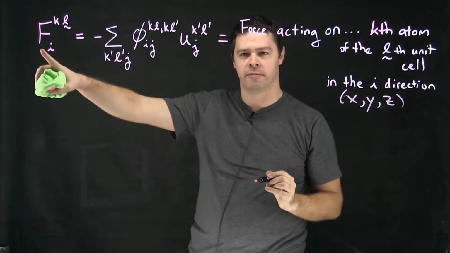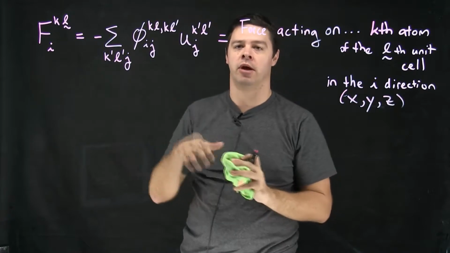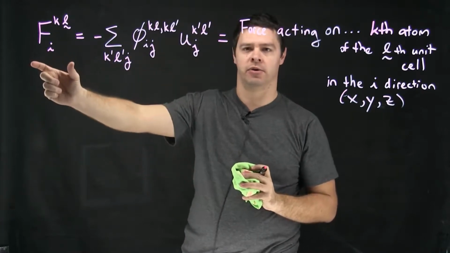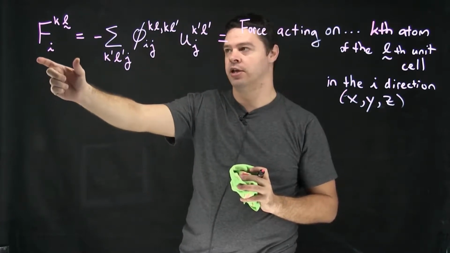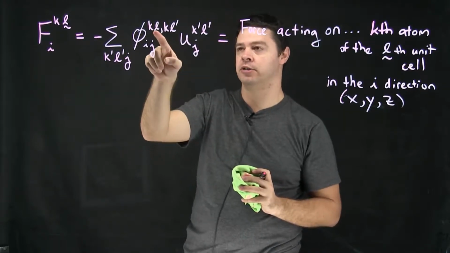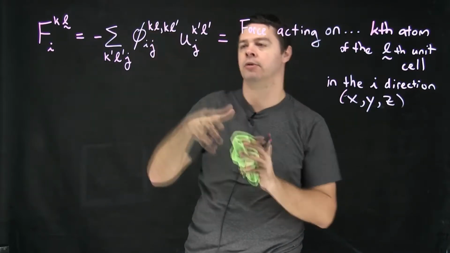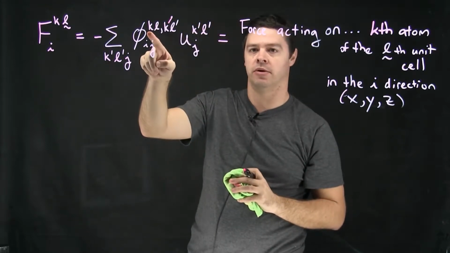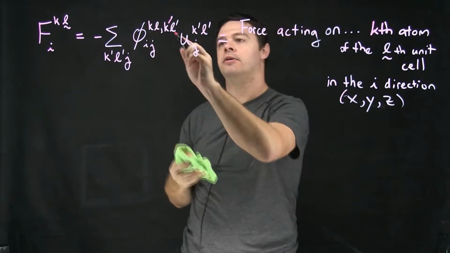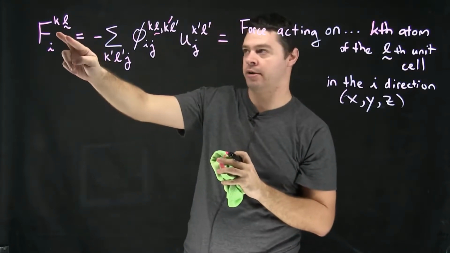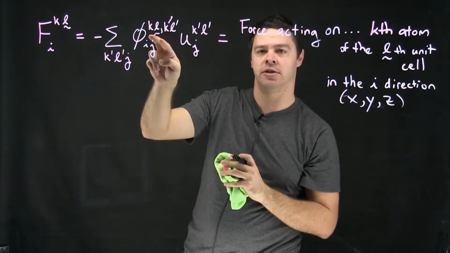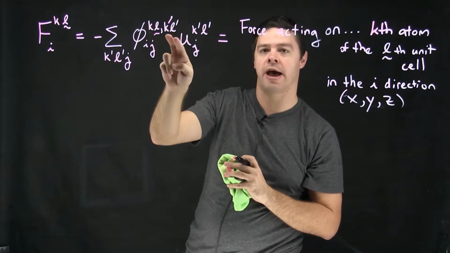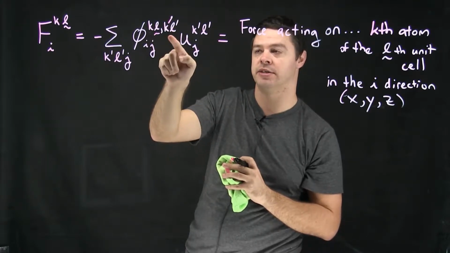So that's what I mean by this over here, and all that this says is that the force acting on the kth atom has to do with interactions between the kth atom, oh, missing a prime here, the k-prime atom, in the l-prime unit cell. That's the atom that we're actually interested in. It's the interaction of that one with atoms that are potentially in other places, right?